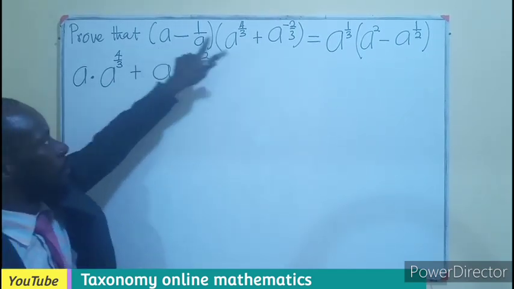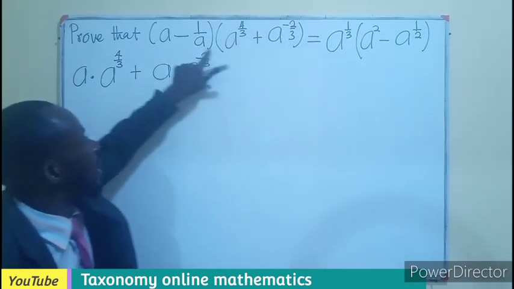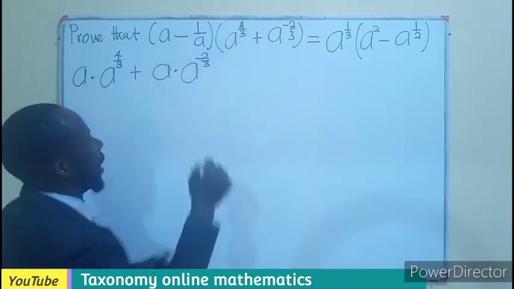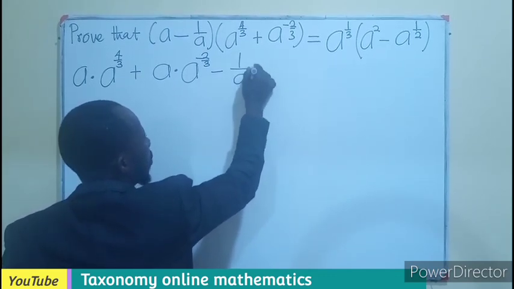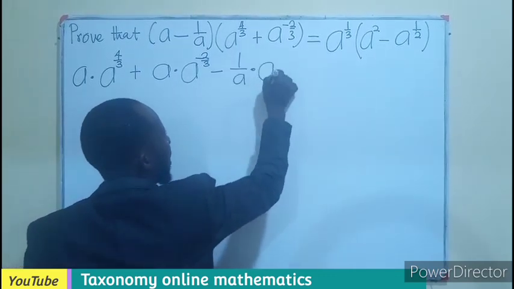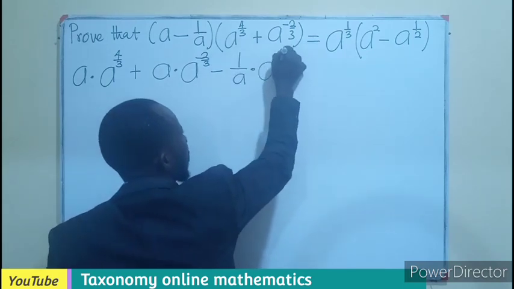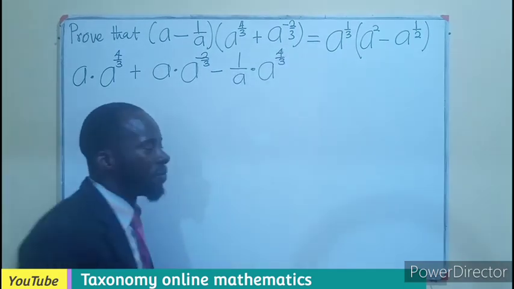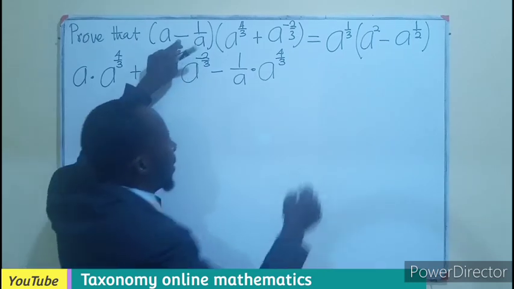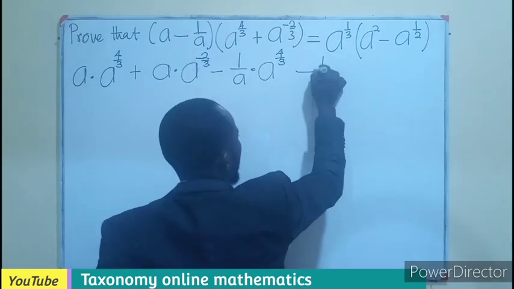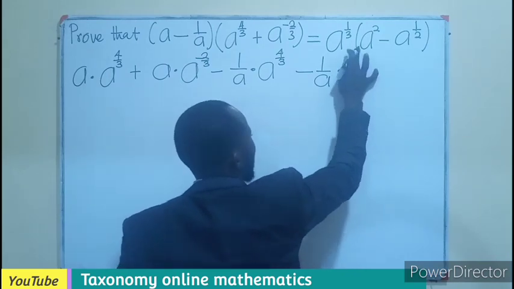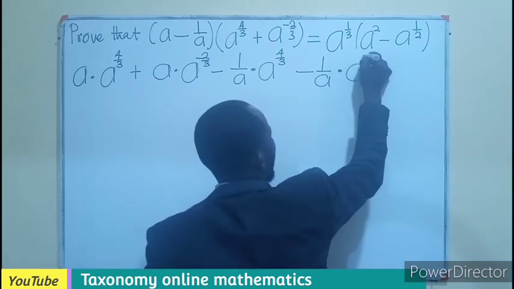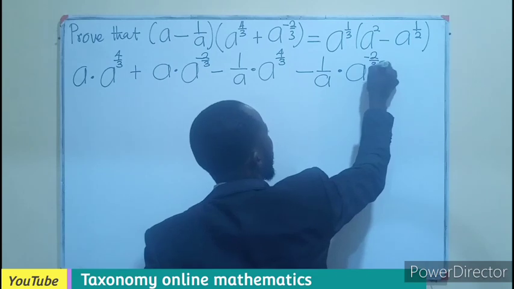Now you go for the second term. That will be minus a, that is 1 over a, multiplying a exponent 4 over 3. Then still minus 1 over a, multiplying a exponent negative 2 over 3.